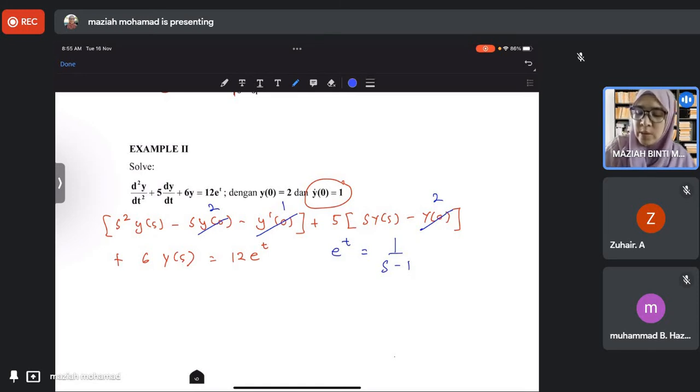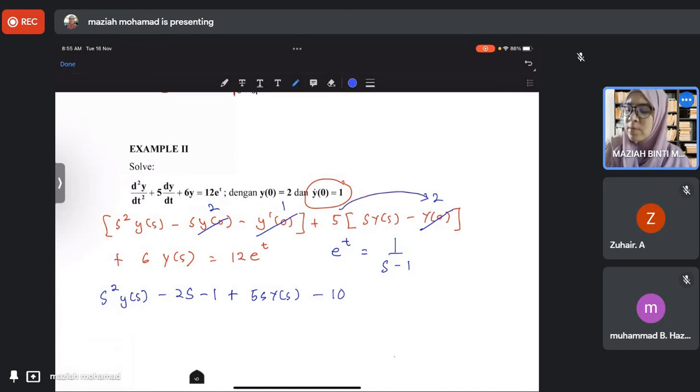So our equation will become s square ys minus 2s minus 1 plus 5s ys minus 10. Okay, 5 multiplied with 2.